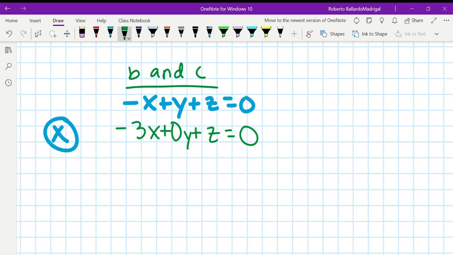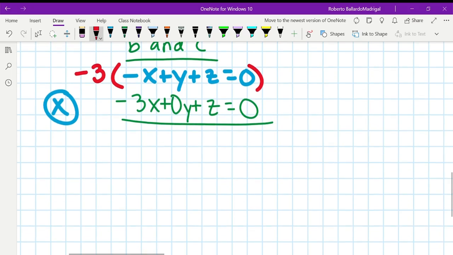Now, because we are choosing to cancel out the x's, I need to find a common multiple between 1 and 3. So what am I going to multiply the top by? Negative 3. Very good. The reason why I multiply by negative 3 is because I want these x's to cancel out.